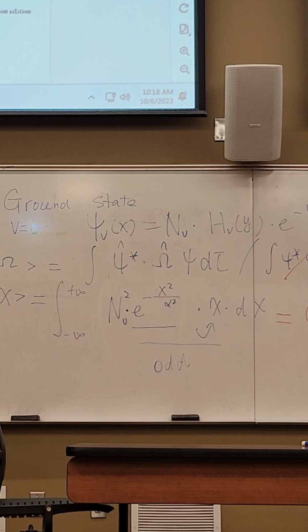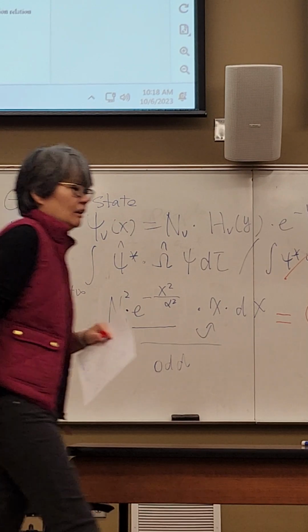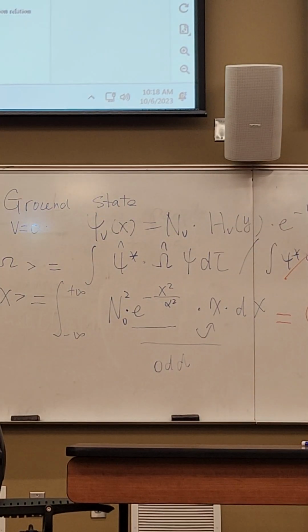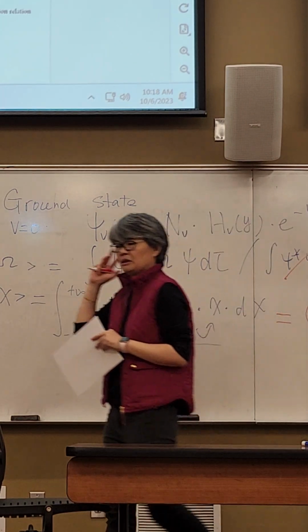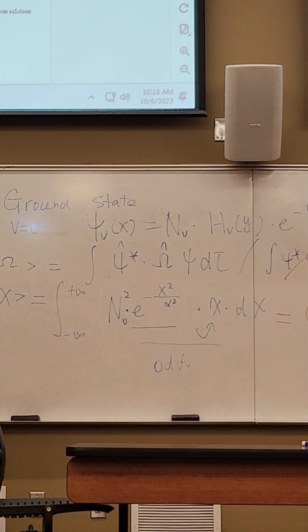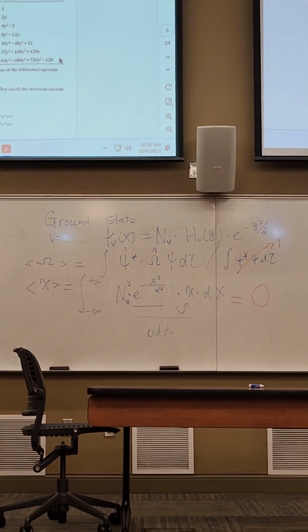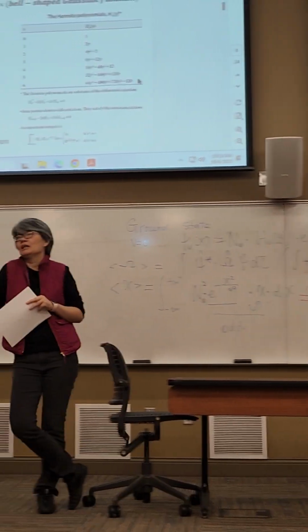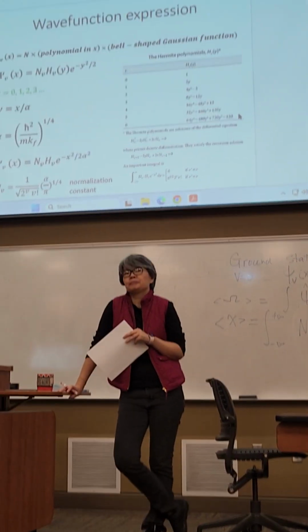So you can go home and take a shot at this, or I'll plug it in if you wish. Then I can use the given integral from the textbook and try it. But when you do integration, definitely think about this even and odd property, which will eliminate a lot of lengthy mathematical problems. Okay, so that tells you the position.